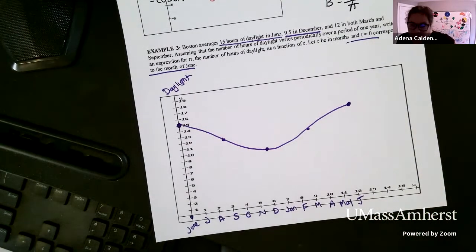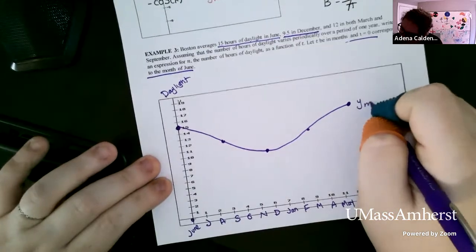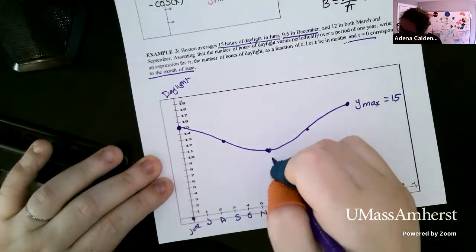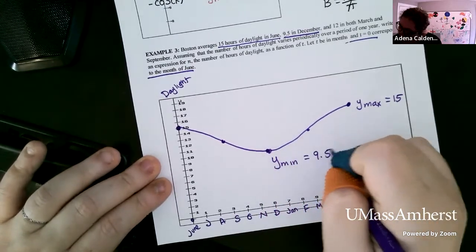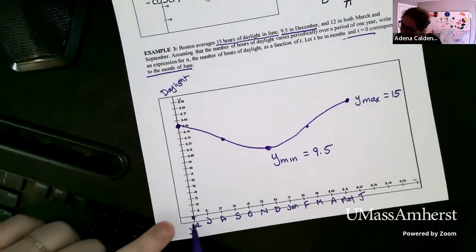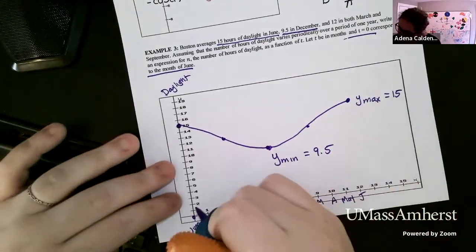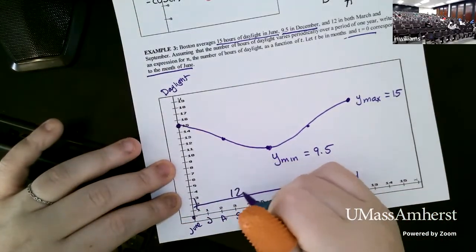So this helps me understand the information where I now know that my y max is 15, my y min is going to be the 9.5, right? My period is going to be 12 months, right? Because time is in months.